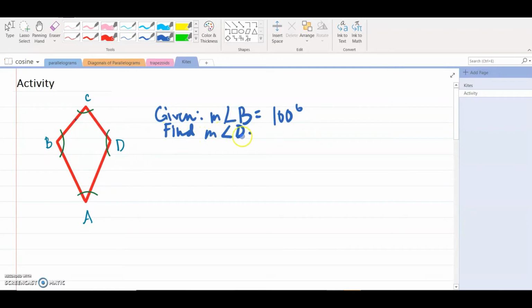Find the measure of angle D. Based on the theorem, we know that B and D are opposite angles, and this is the only pair in a kite where the opposite angles are congruent. So if angle B is 100, the measure of angle D is also 100 degrees, since they are opposite angles of the kite and they are congruent.